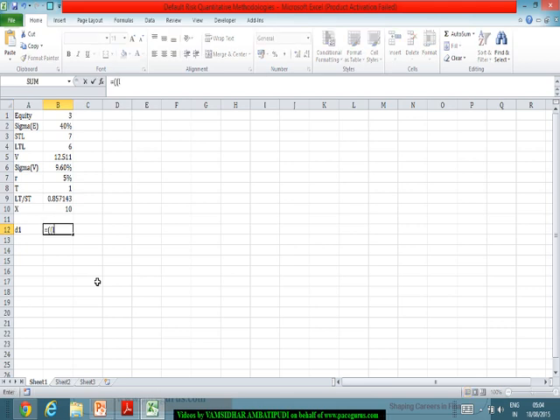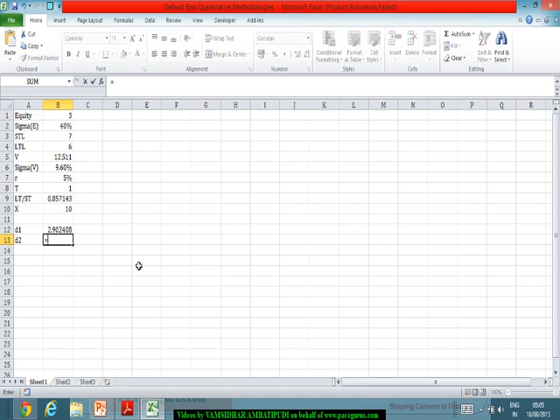D1 comes out as log S, which is the value of the firm, by X, which is the strike price of the debt, plus R plus sigma squared by 2, times T, divided by sigma root T. Alright, this comes out to be my D1.